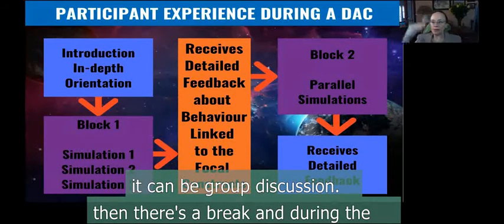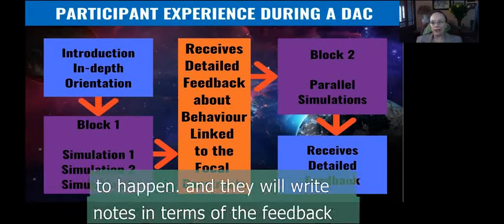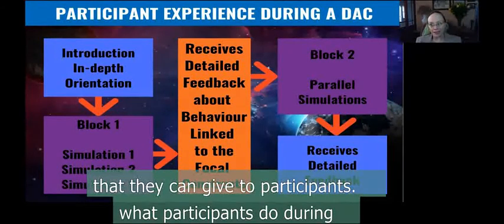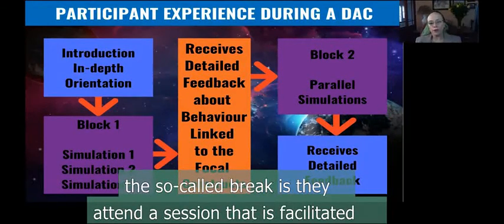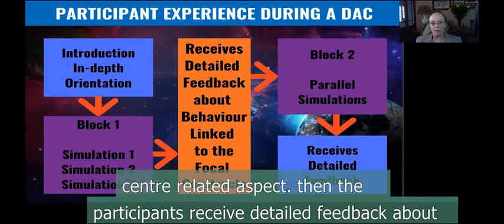Then there's a break, and during the break, your assessors will do the data integration that needs to happen, and they will make notes in terms of the feedback that they can give to participants. What participants do during the so-called break, usually, is a session that's facilitated by a trainer, training them on some specific aspect.